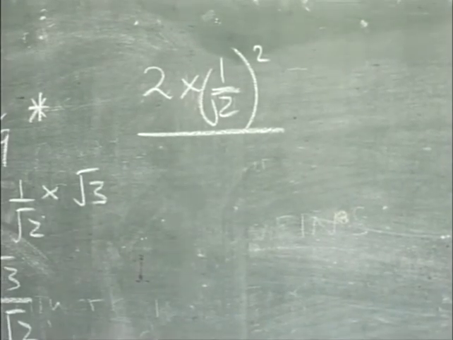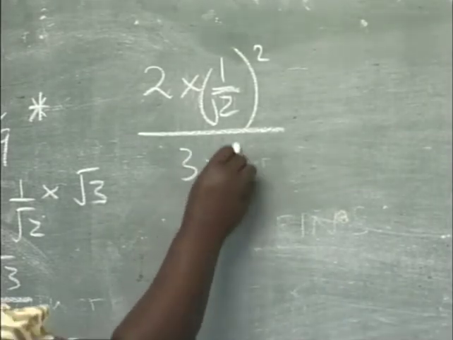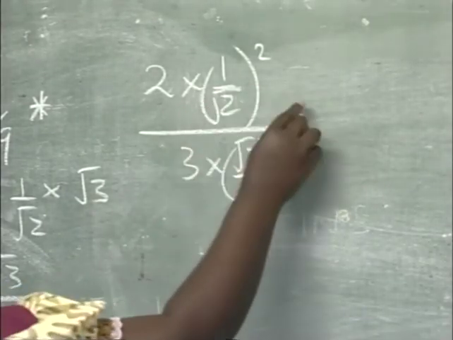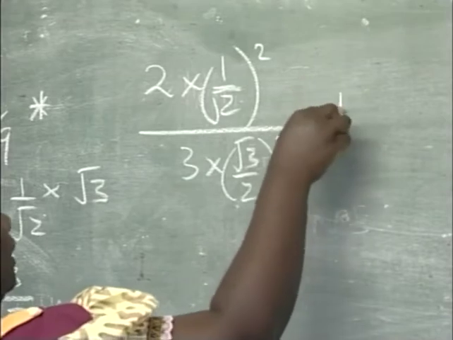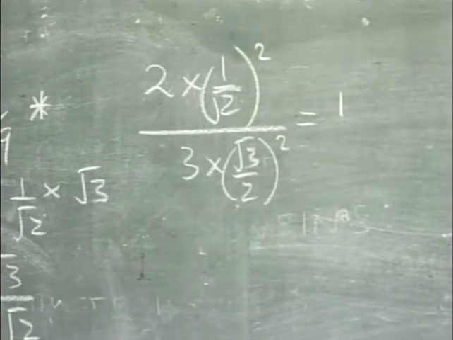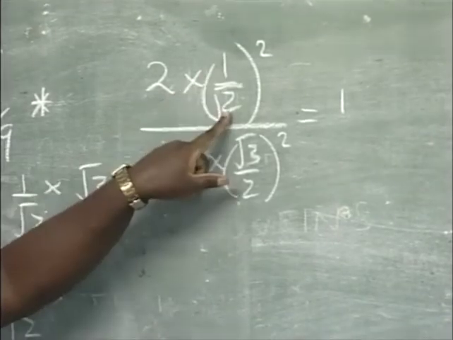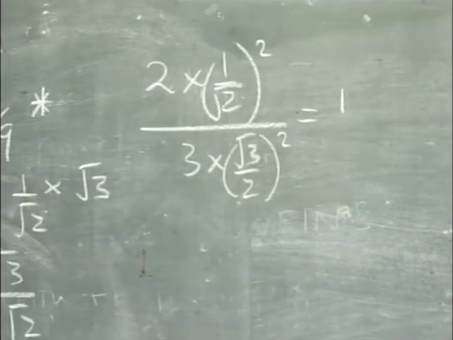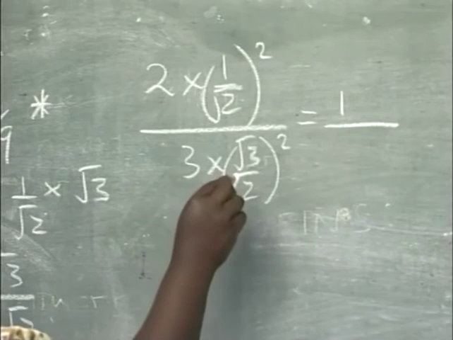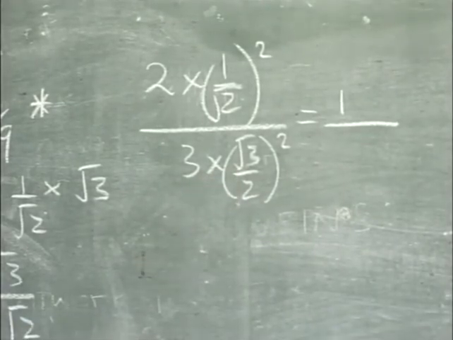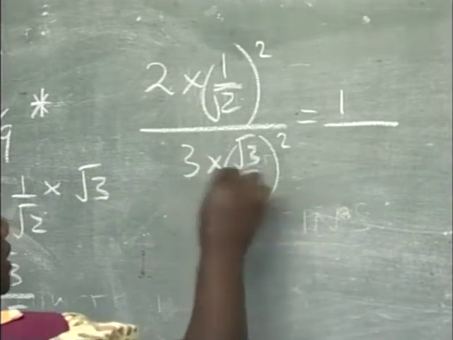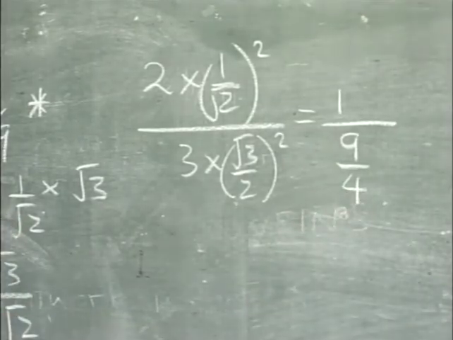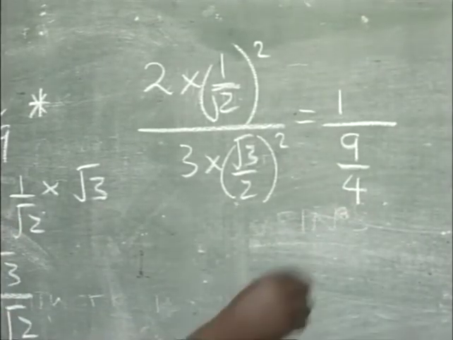Sine 60 is root 3 on 2, so times root 3 on 2, and this has to be squared as well. 1 over root 2 squared is 1 on 2. 1 on 2 times 2 is 1, over root 3 on 2 squared is 3/4, and 3/4 times 3 is 9 on 4. So you invert and multiply, the answer will be 4 over 9.